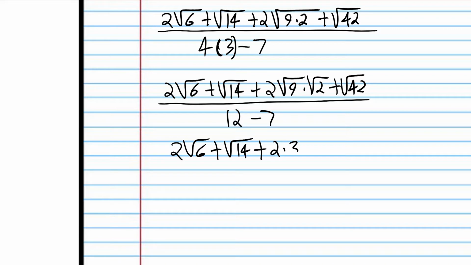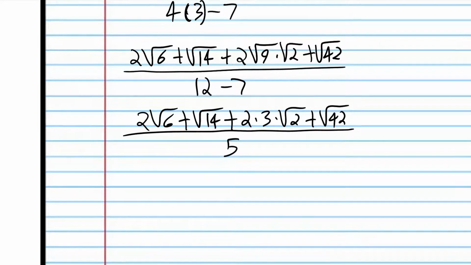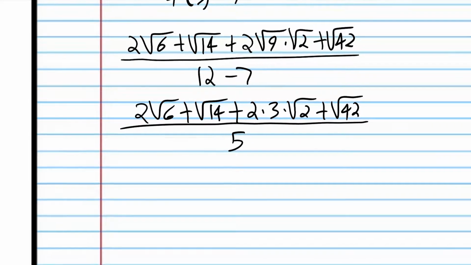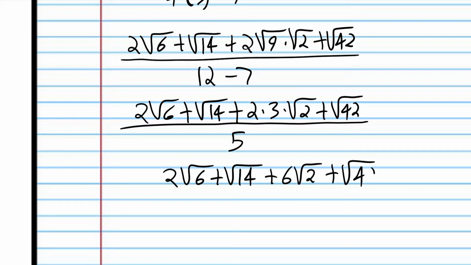Root 9 is 3. 12 minus 7 is 5. Now I know this seems long, but again, you can skip a lot of these steps. So now our final answer is 2 root 6 plus root 14 plus 6 root 2 plus root 42, all over 5.